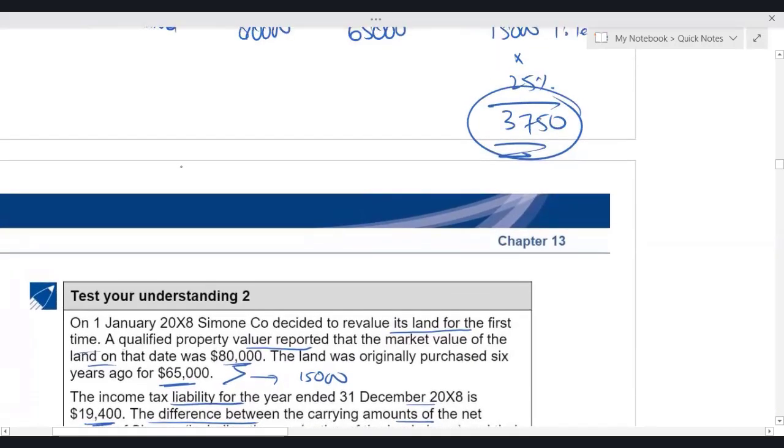How come 27,000 is a taxable difference? If you read the question, it is written, the carrying amount of net assets of Simon is more than the tax base. When assets have carrying amount more than the tax base, then the difference is the taxable temporary difference.